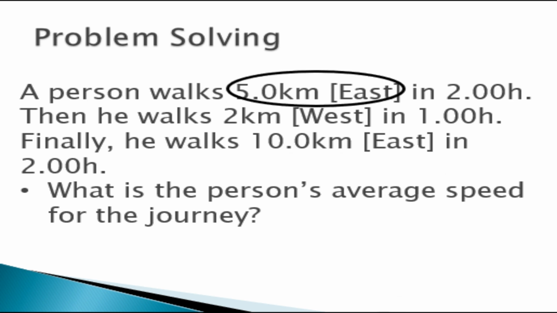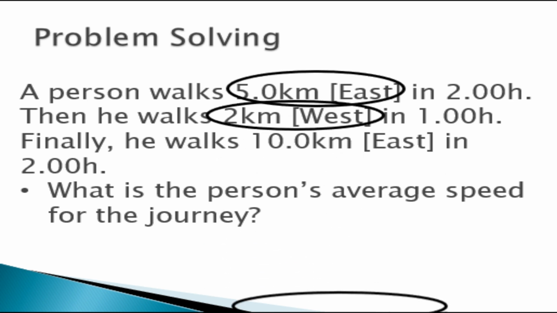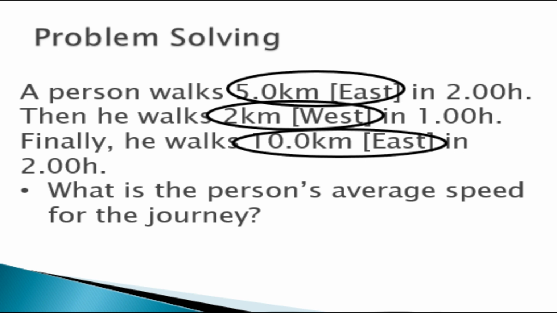We have 5 kilometers, 2 kilometers, and then 10 kilometers. Since for speed we are using distance and distance doesn't require direction, what we only need to do is add all the distances.